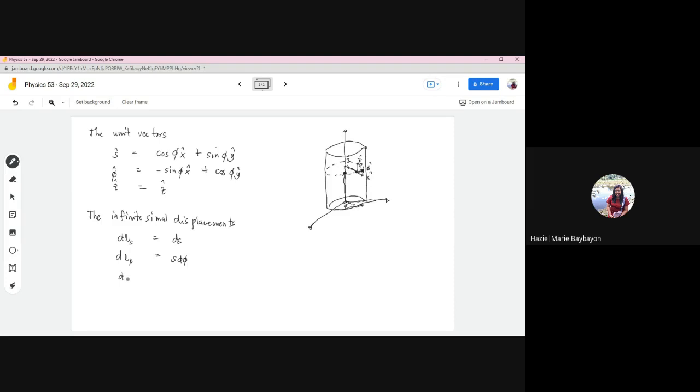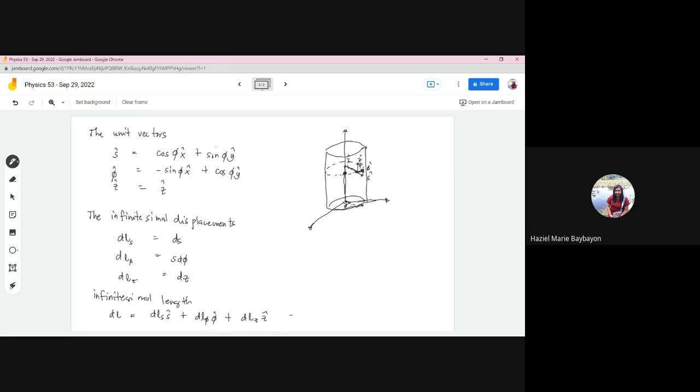And dl z is just equal to dz. So the infinitesimal length is dl s s hat plus dl phi phi hat plus dl z z hat.